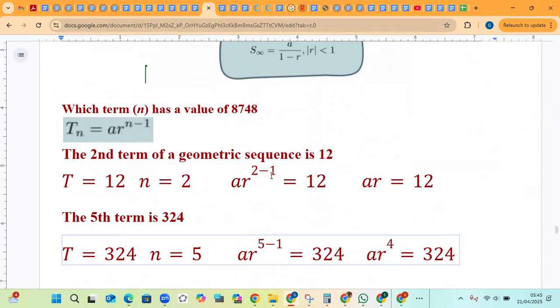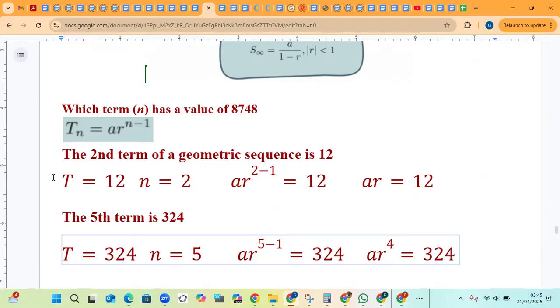So as you can see, the second term of a geometric sequence is 12. So this can be written whereby t is 12, the term is 12, n is 2. You don't know what a and r are. So you simply write a times r to the 2 minus 1 is equal to 12.